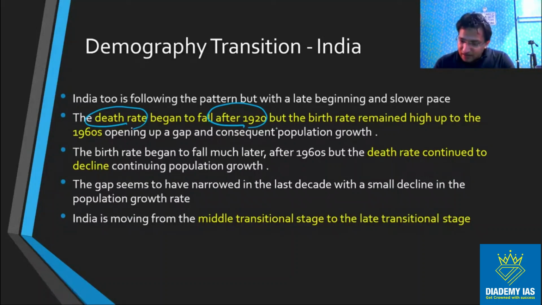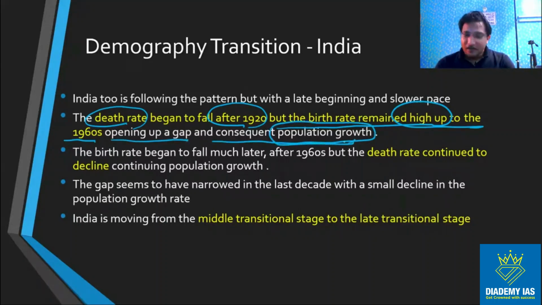But the birth rate remained high up to 1960, opening up a gap and consequent population growth. So there was high population growth because death rate was declining after 1920 and the birth rate remained high up to 1960. The birth rate began to fall much later after 1960, but death rate continued to decline, continuing the population growth.